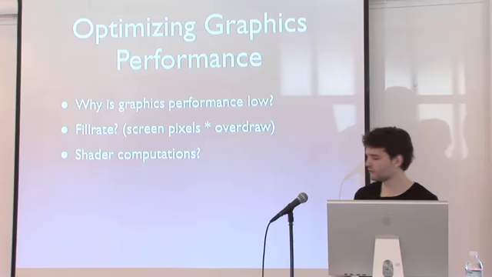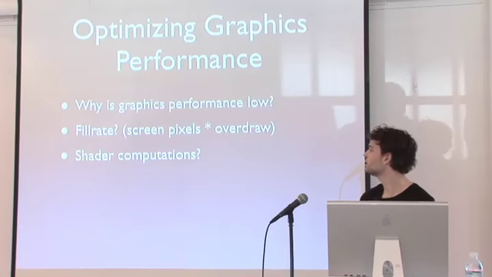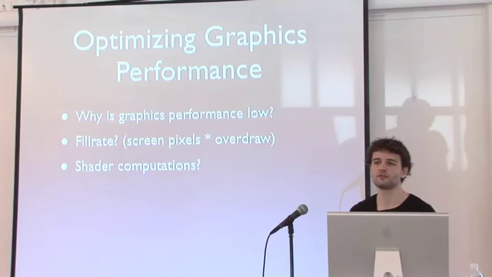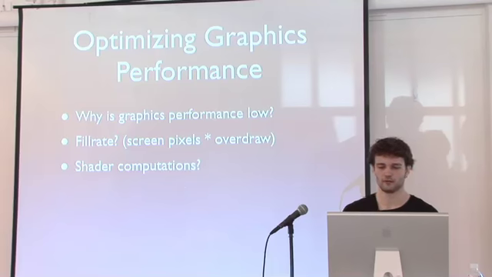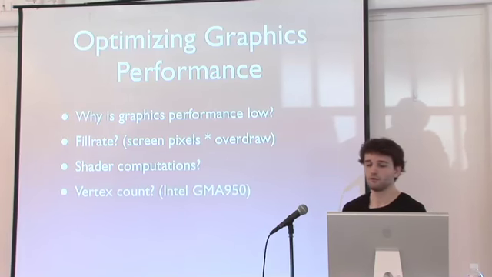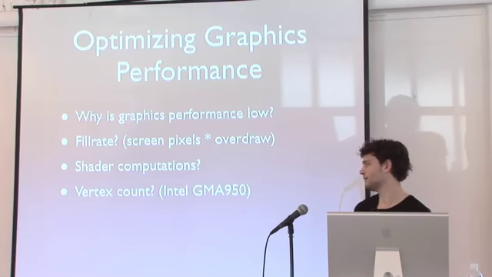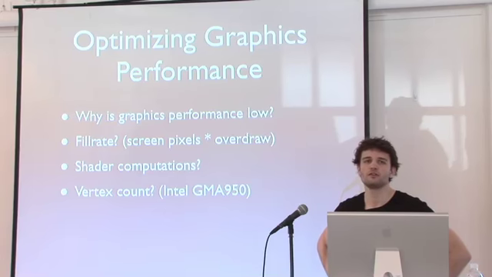The second thing is shader computations. Usually that's not really a big problem because before you run into shader computation limits on graphics cards, you usually run into fill rate issues before that. So don't worry about it. Vertex count these days on actual graphics cards, it's not an issue anymore really because high-end graphics cards, depending on your shader, they can really push like 30, 50 million polygons.